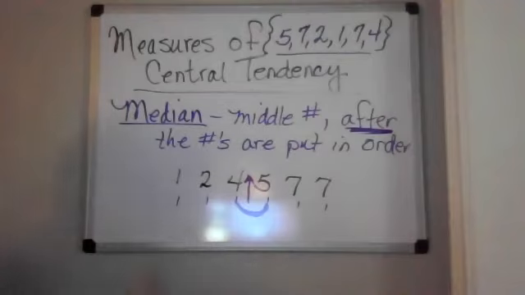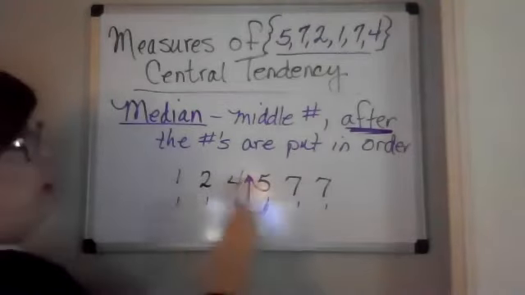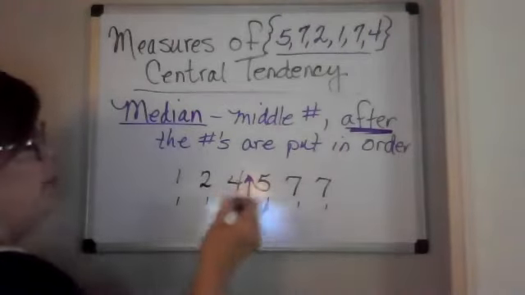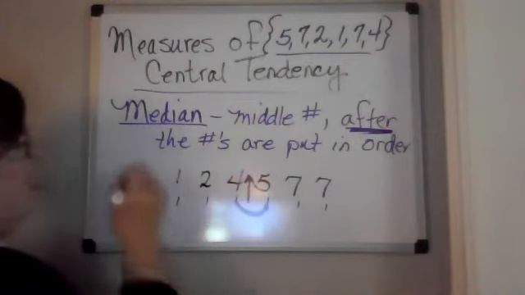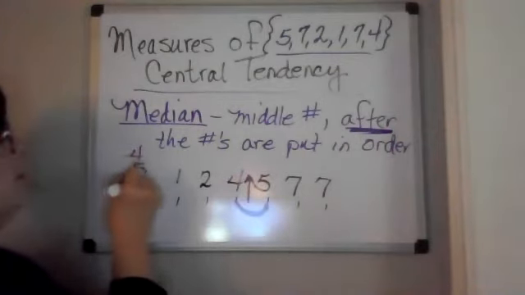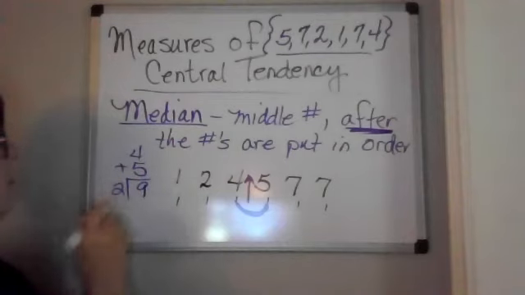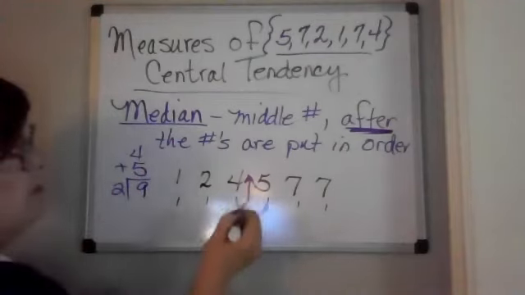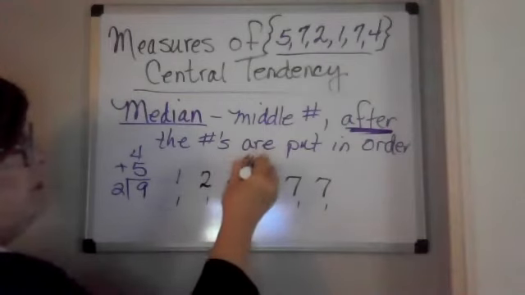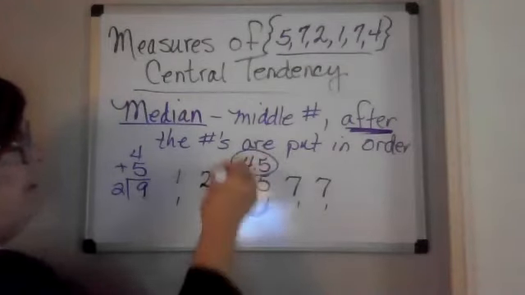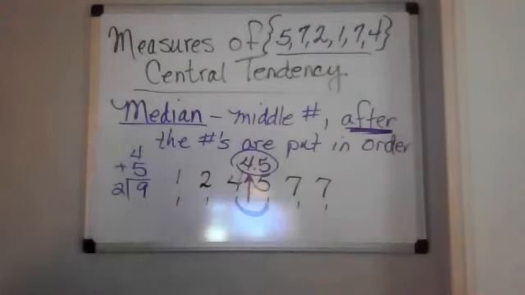So if you have an even number of numbers, then you'll have to average these. Add the 4 plus the 5, and then divide that by 2. And y'all can see that that would be 4.5. That is the middle number of this set.